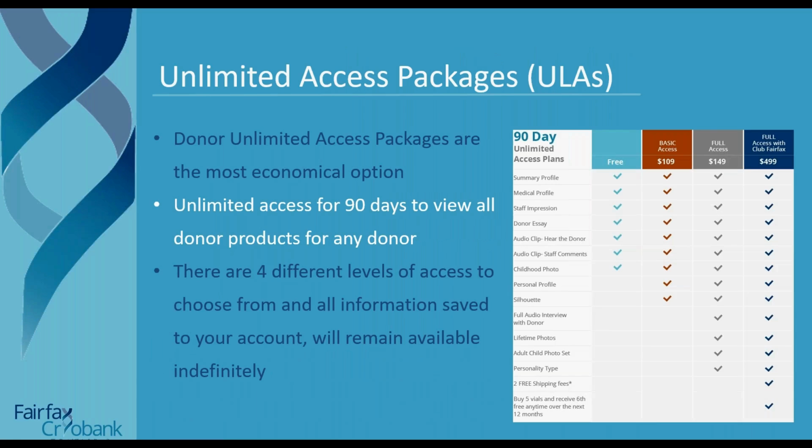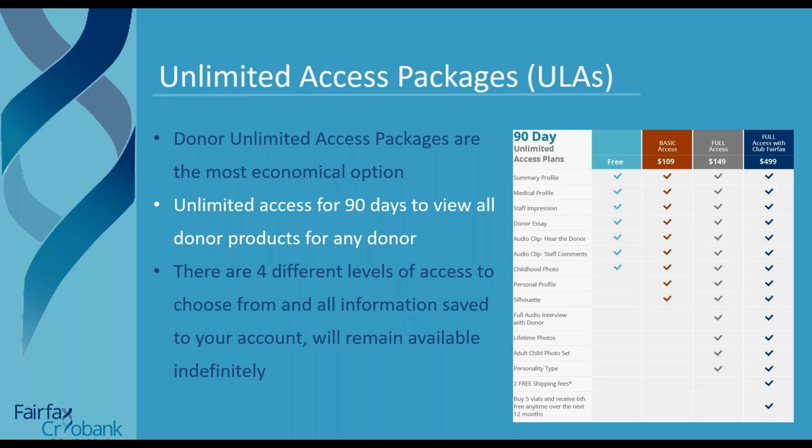Unlimited access packages. These are one of my favorite things to talk about. All that information that I listed that can be purchased adds up really quickly if you're looking at any of the 350 donors that we have available on our website. The best option, in my opinion, is going to be the full access for the $149.